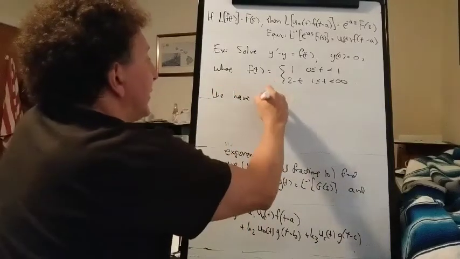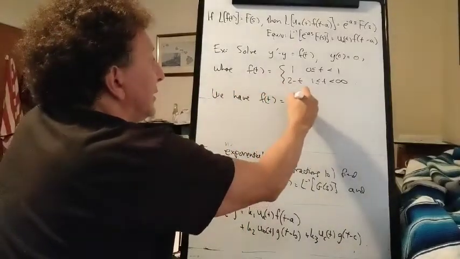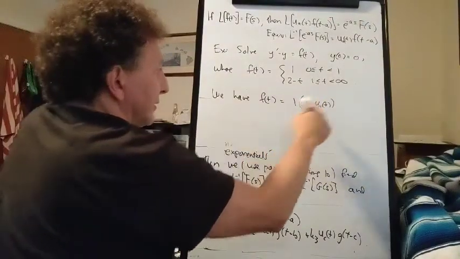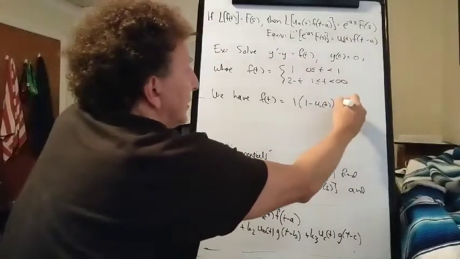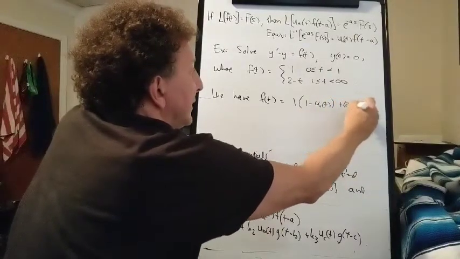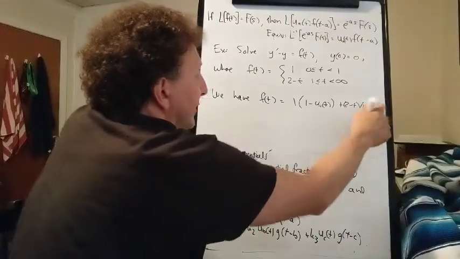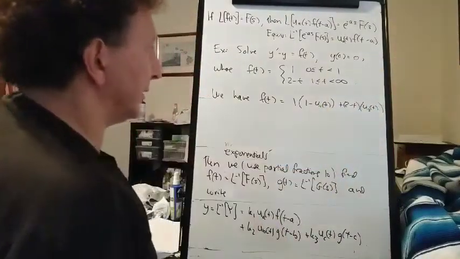So we have f of t is 1 times 1 minus u1 of t, that is from 0 to 1, plus 2 minus t times u2 of t, that is starting at 2 and going to infinity.